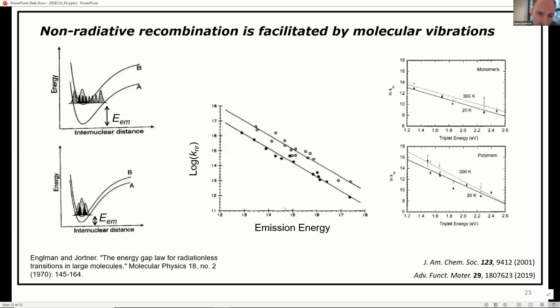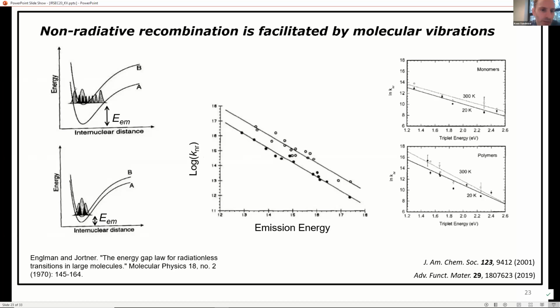You can see if the emission energy goes down, non-radiative recombination rates go up. For triplet emitters, it's also true for fluorescent molecules. The reason, and this has been theoretically explained, is the so-called energy gap law for radiationless transitions in organic materials.